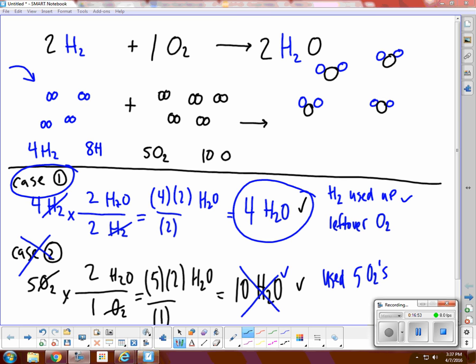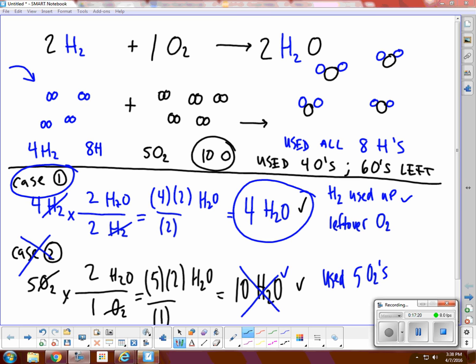So in this case, we used all 8 hydrogen atoms, and we only used 4 oxygen atoms. We had 10 oxygen atoms in the beginning, so that means that we have 6 oxygens left over.